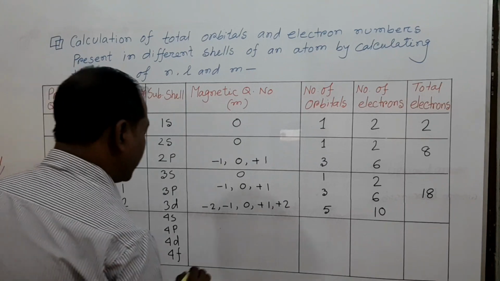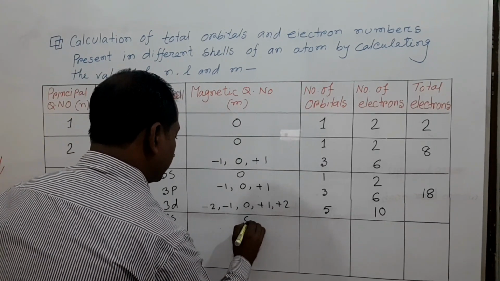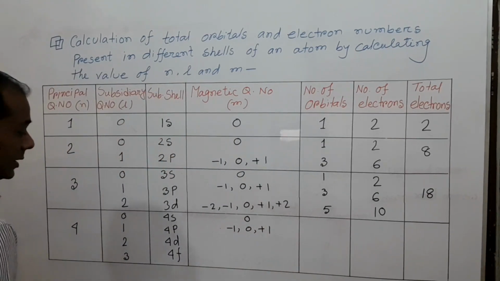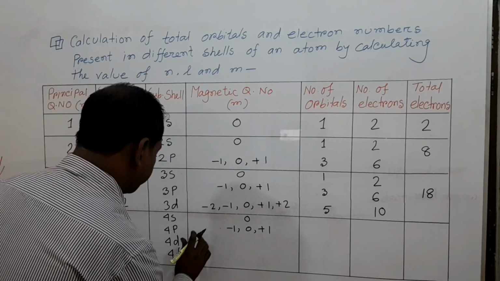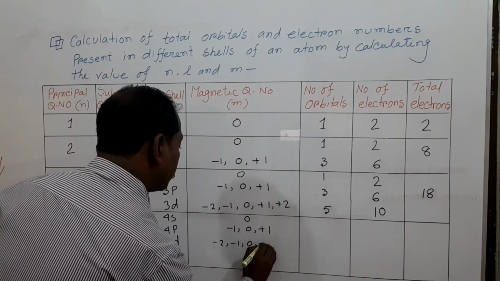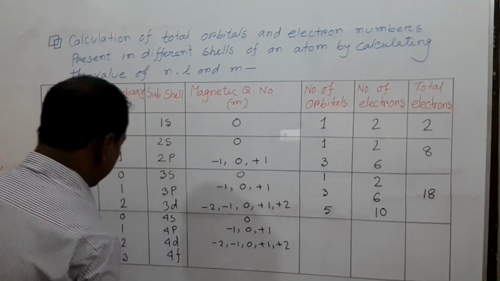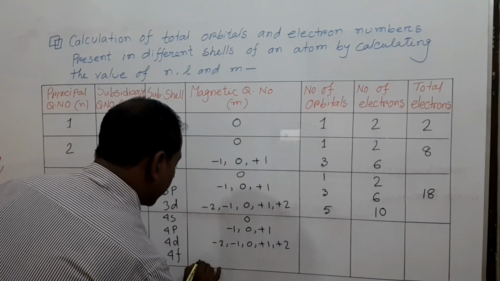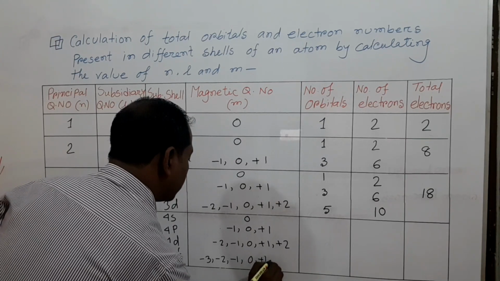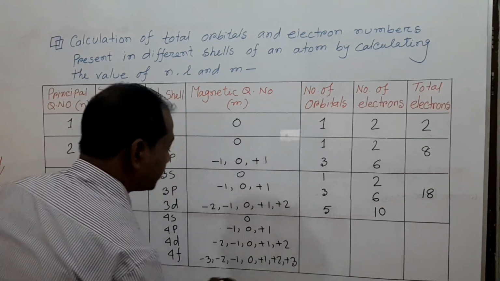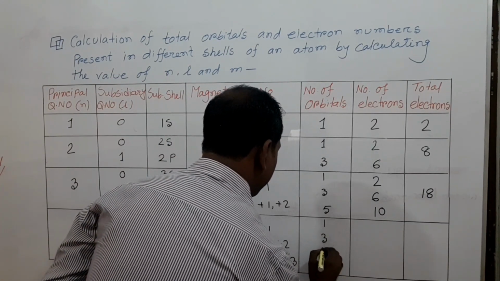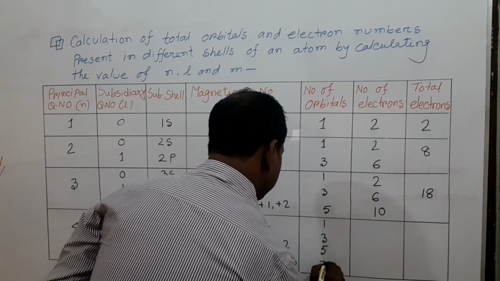So the value of m equal to 0, -1, 0, +1 for L equal to 1, and when L equal to 2, then we get the value -2, -1, 0, +1, +2, and when L equal to 3, then we get -3, -2, -1, 0, +1, +2, +3, and we get the number of orbitals here 1, 3, 5 and 7.